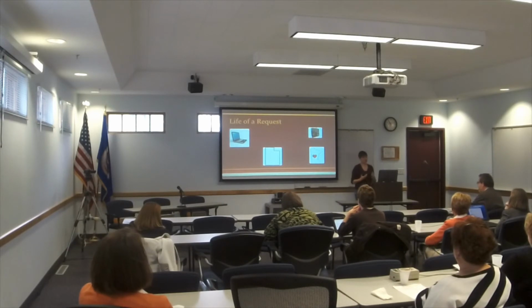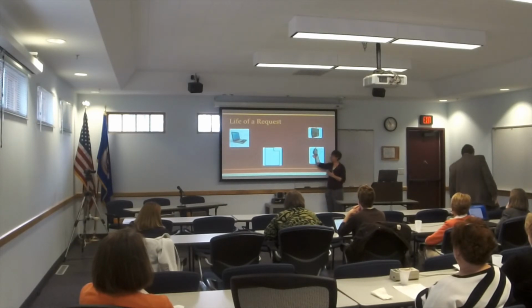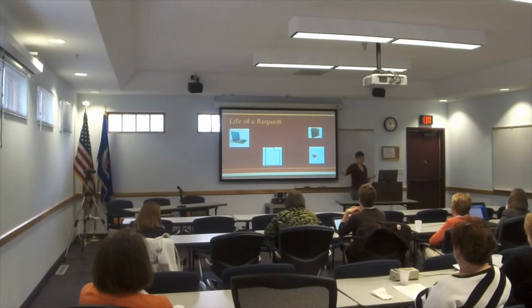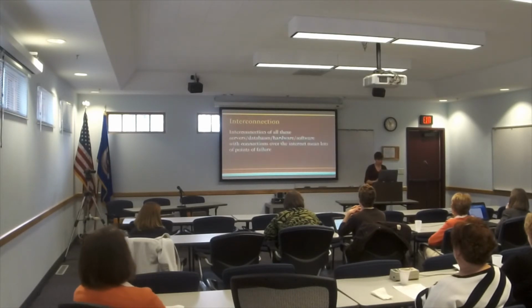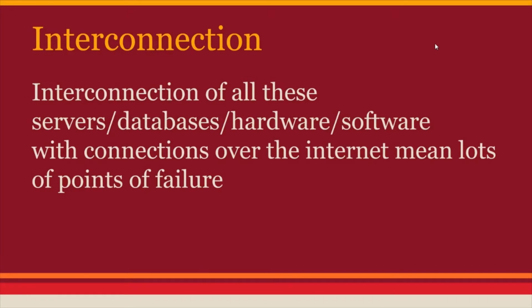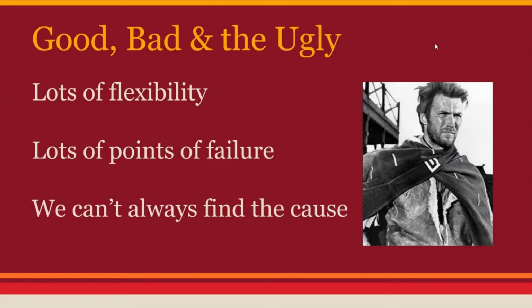So when things are slow, it could be because something's wrong here. It could be something's wrong here. It could be something's wrong in Georgia. It could be, who knows? So there's just a lot of moving parts. There's a lot of interconnection, which is great because it means we can do all sorts of stuff, but it also means there's a lot of points of failure.